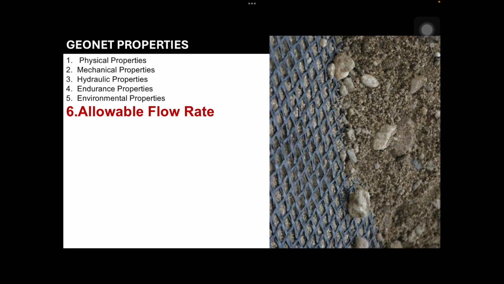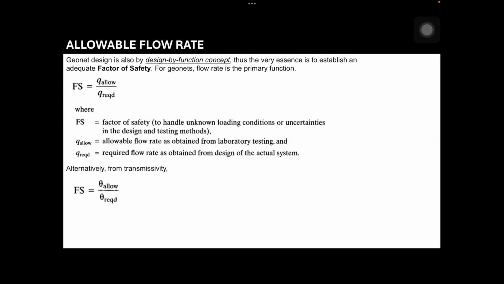Okay, number 6, allowable flow rate. So, Geonet design is also designed by function concept. Ibig sabihin, we need to establish yung factor of safety. So, factor of safety nga, it is 1.5 or more.